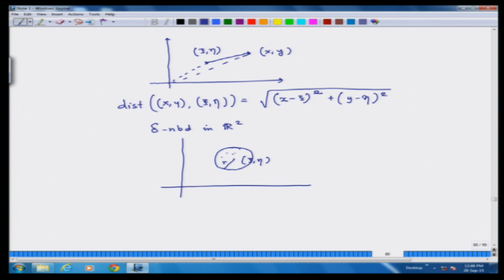A circle of radius r with center at (xi, eta) is given by this equation, which you know from your high school. But I do not want things on the boundary, I want things which are strictly lesser than that. So, basically I want to collect all (x, y) such that this holds.